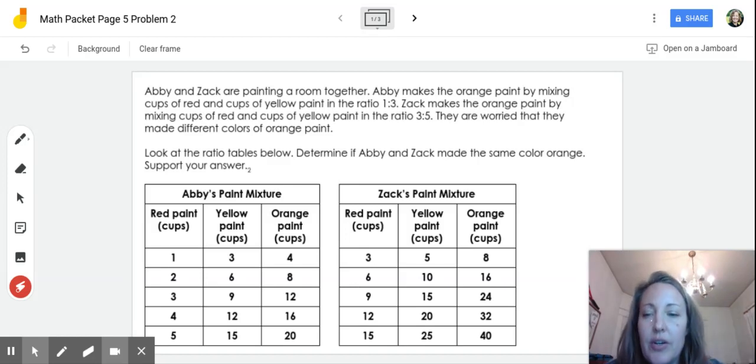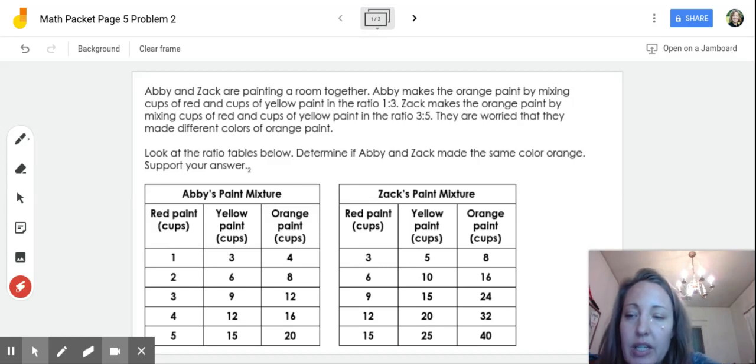Okay, so if I'm looking here, this ratio of 1 to 3 is not very easy to relate to this ratio of 3 to 5, but it is more helpful to look for similarities. In other words, every ratio is also a fraction, and every fraction is also a ratio, right?